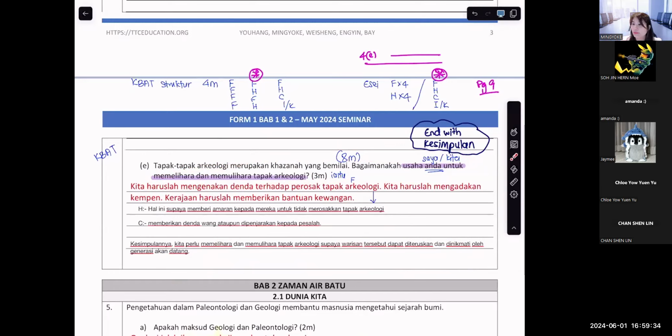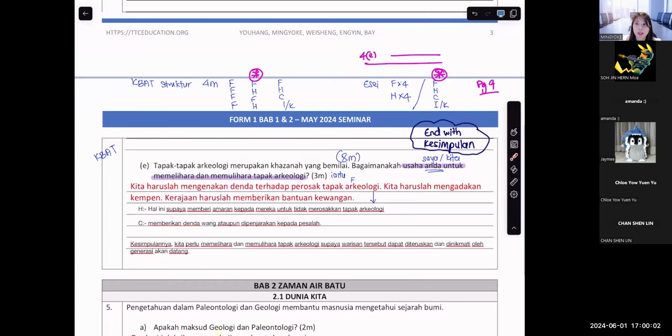Understand until here, guys? Screenshot. So for structure, you can just do fakta huraian, very common, you get full marks. But for essay, you must have the nombor rujukan, kepala soalan, then fakta huraian contoh. That's what most teachers prefer, and end with kesimpulan.